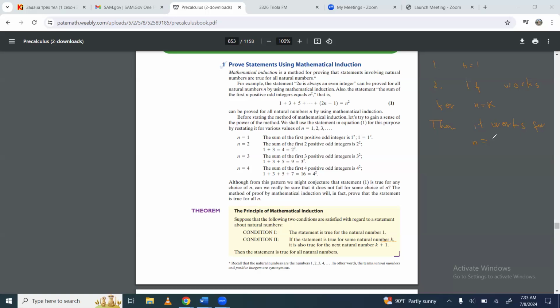And if it works for the second, then it works for the third element, and so forth. So it seems pretty obvious, but they do prove this in later classes for math.